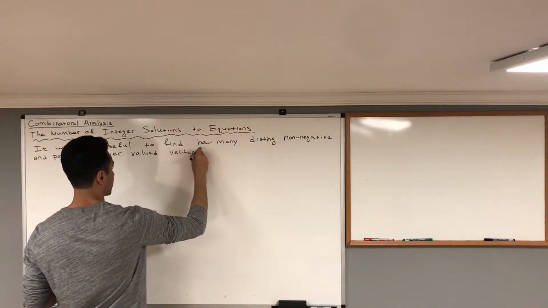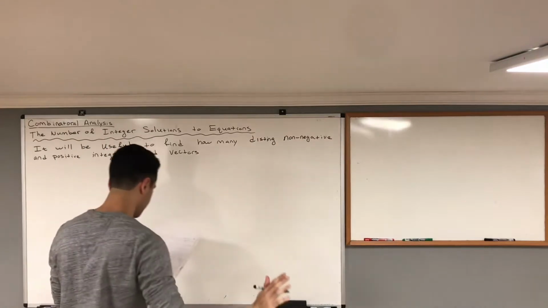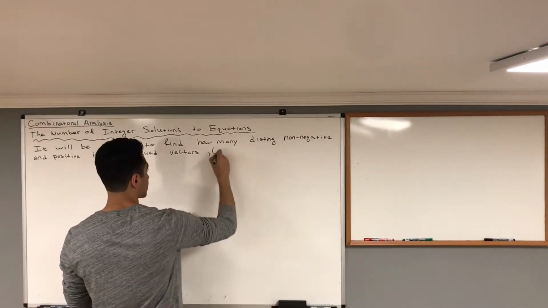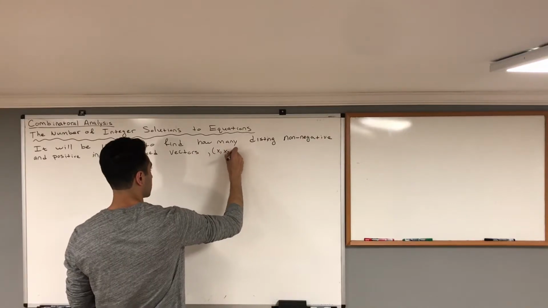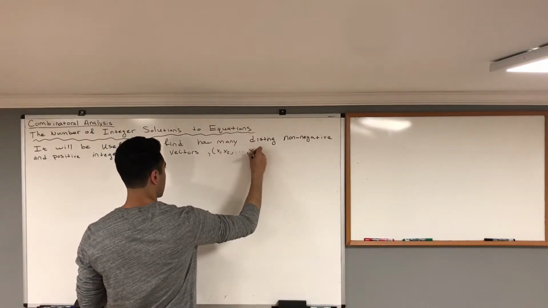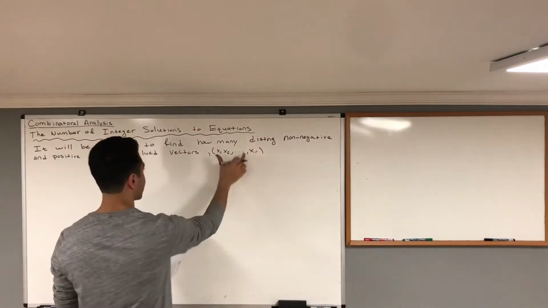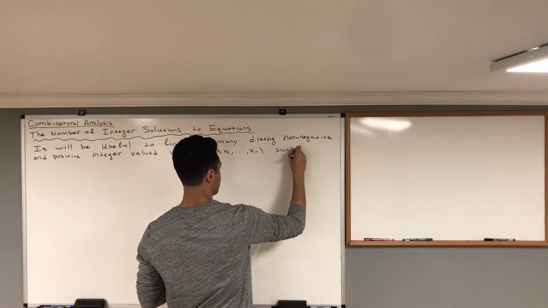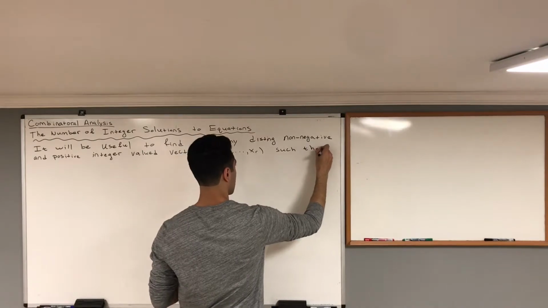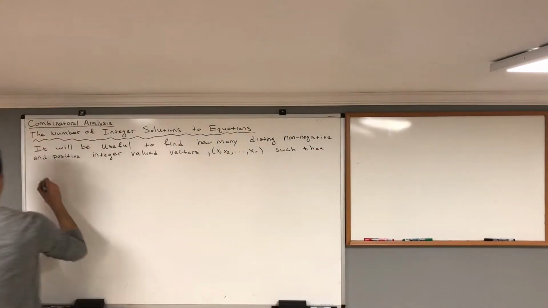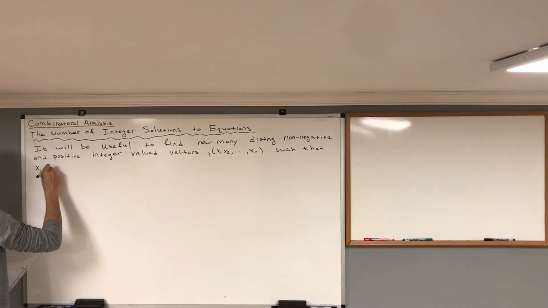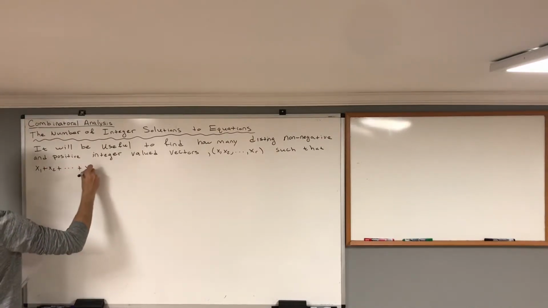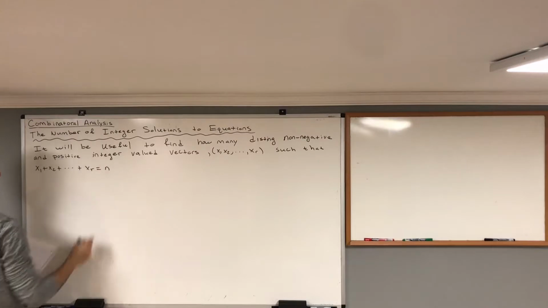And I'm not talking about the vectors you learned in calculus, so don't worry. I'll show you what that means. So vectors that are denoted as such: x1, x2, and xr. So this is a vector such that x1 plus x2 plus blah blah blah plus xr equals n.